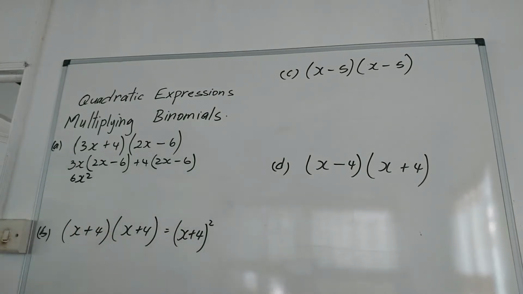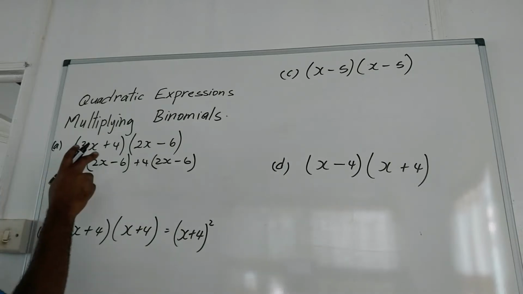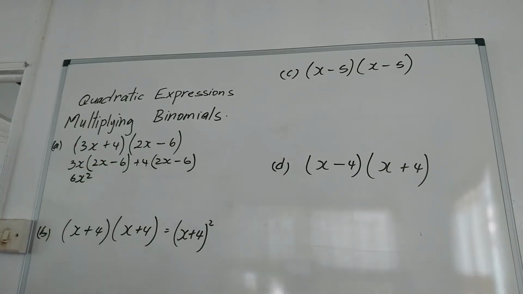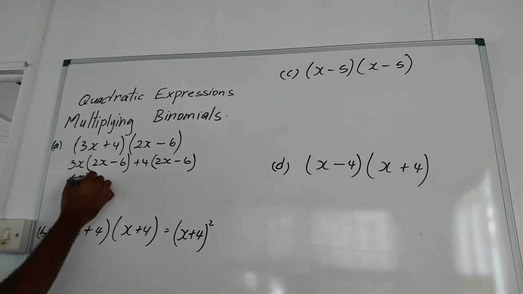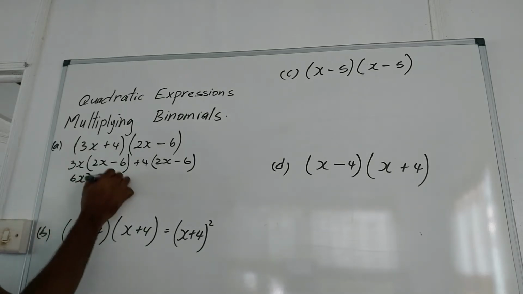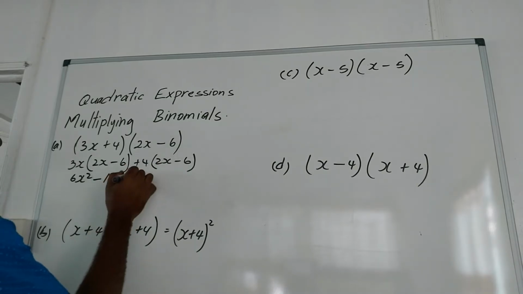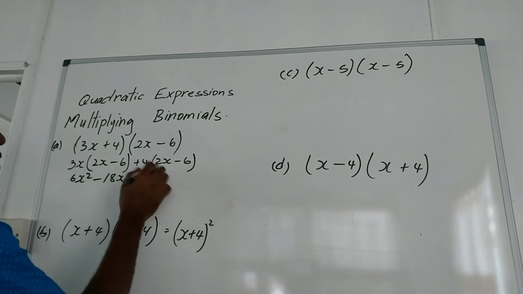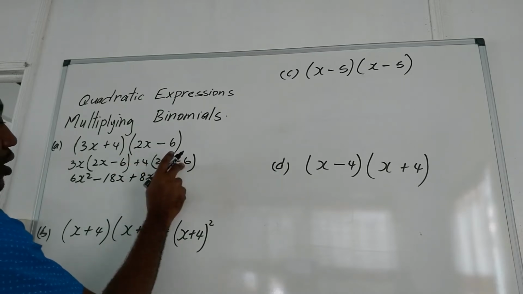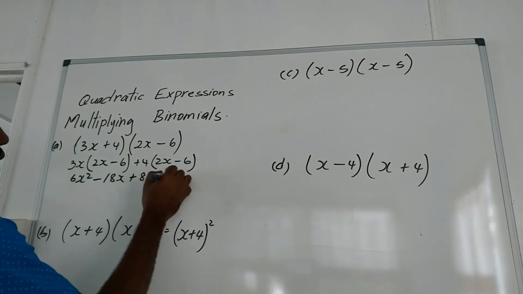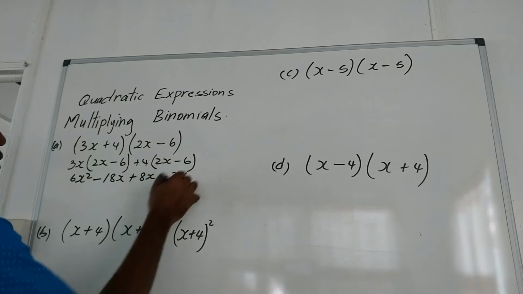Then 3 times 6 will give us 18, so that will give us negative 18x. 4 times 2x is 8x. 4 times 6 will give us minus 24.